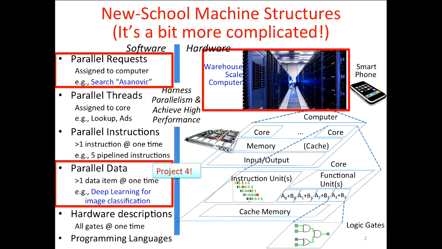And from the software side, we are talking about two kinds of parallelism related to this kind of warehouse scale computer. One is request level parallelism, which you can see in web services, like web searches.